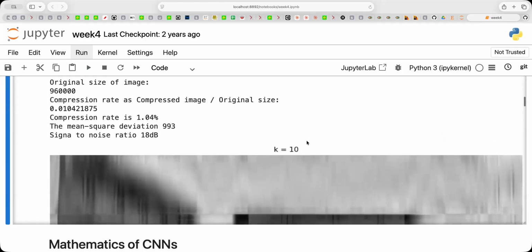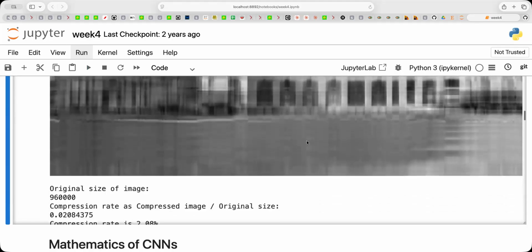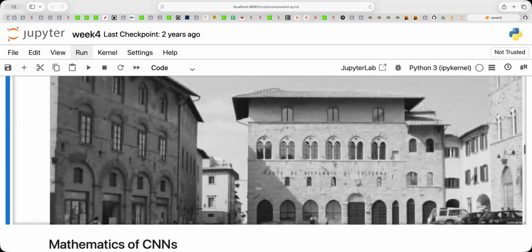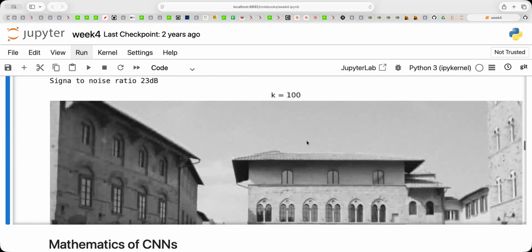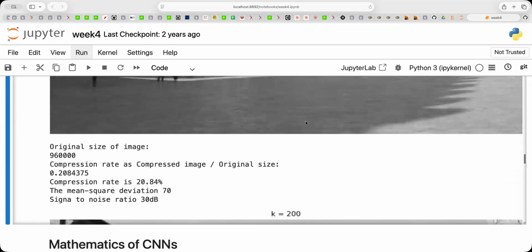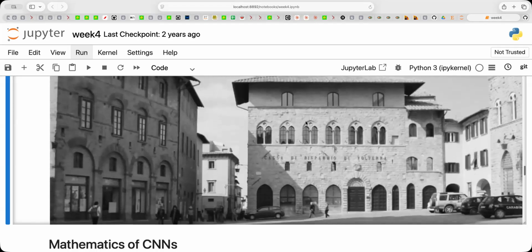And then you can increase it. You have 10, it's getting better, 20, even better. And then with 100, because the original image is 800 times 1200, when you keep only 100, it's getting pretty good actually.